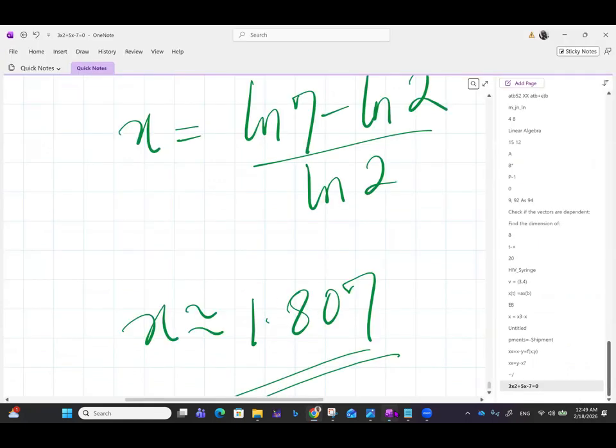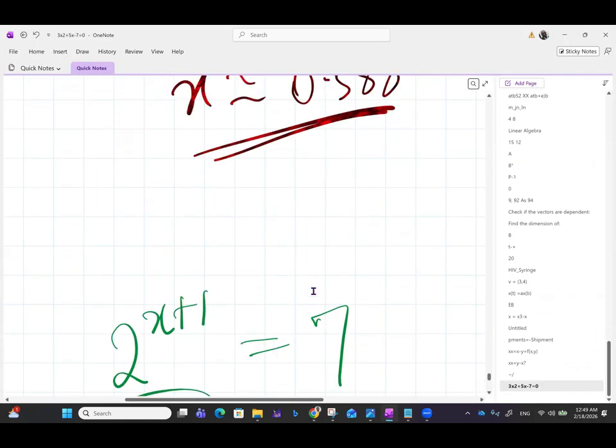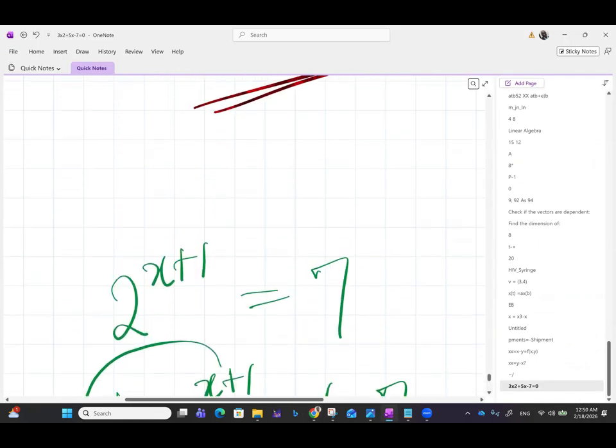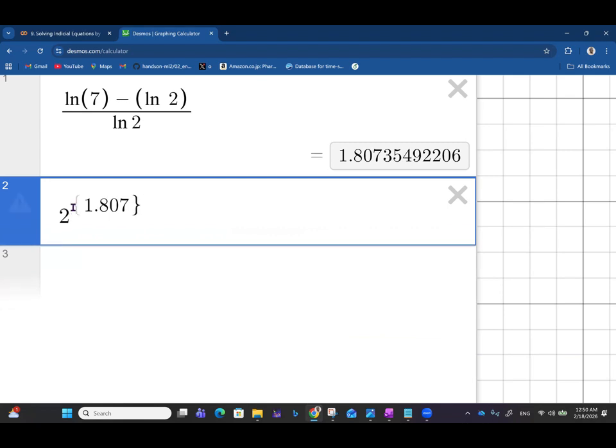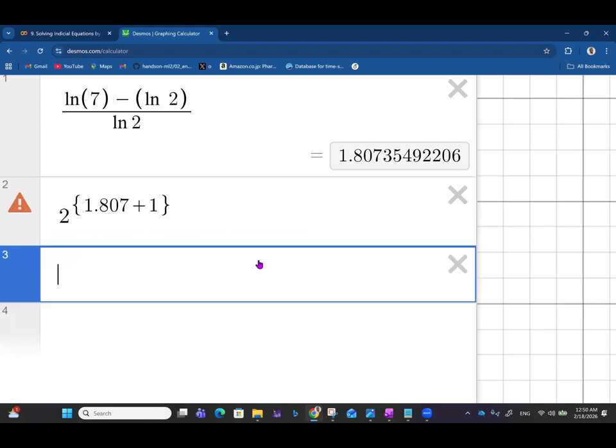It's not just that. The original problem is 2 raised to the power x plus 1, right? So it has to be 2 raised to the power (x plus 1). Maybe if I put it in a bracket, it will work better.